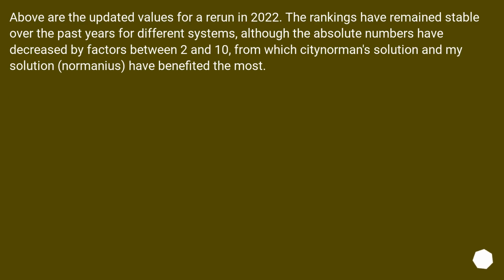The rankings have remained stable over the past years for different systems, although the absolute numbers have decreased by factors between 2 and 10, from which citynorman's solution and my solution, normanius, have benefited the most.